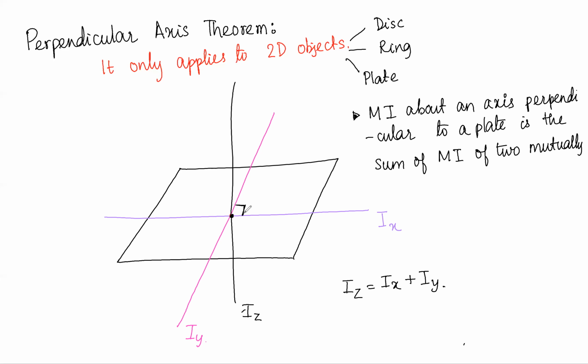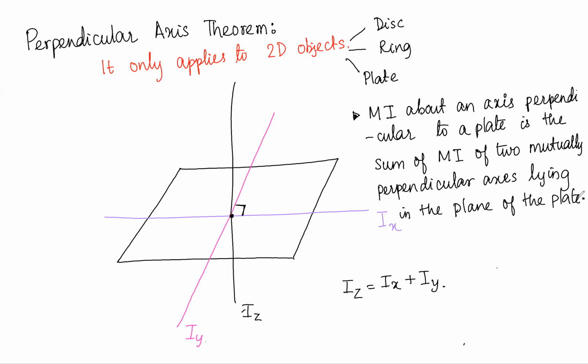There is a reason I wrote x, y and z. All the things are perpendicular to each other. So the moment of inertia is the sum of moment of inertia of two mutually perpendicular axes lying in the plane of the plate.